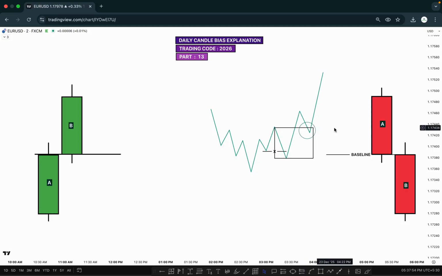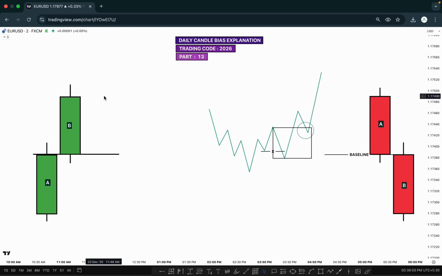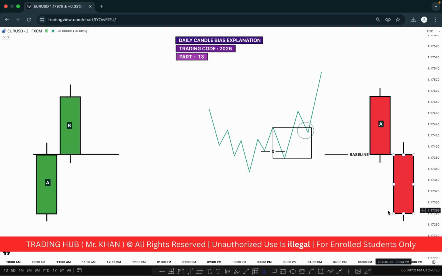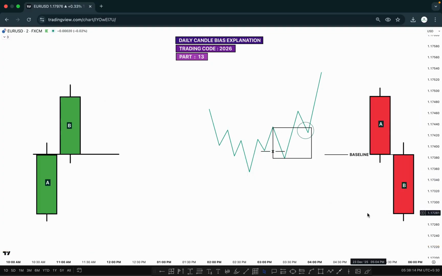But you need to understand one more thing: if the previous day is strongly bullish, the indication is that the previous day is a strong bias. So the next day, the probability is higher that the market can continue to follow the previous day. And the same thing is applicable in a bearish market. For example, candle B closes here in a strong bearish candle formation, so for the next candle C, again we expect the market to go downside.